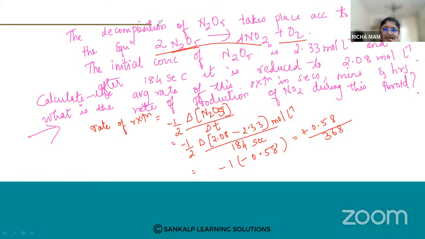How much are you getting? Just see, 0.0015. Why do you have that, what is different?